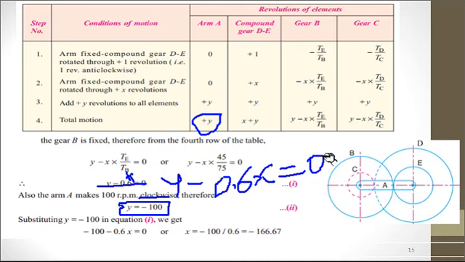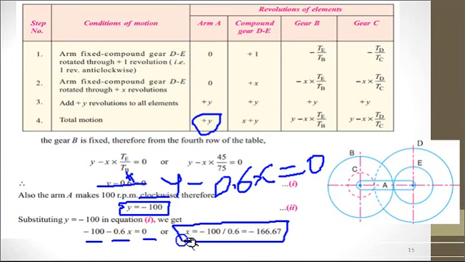This is the equation. We know that Y is equal to minus 100. Let us substitute the Y value in the above equation: minus 100 minus 0.6 X is equal to 0. From that, we get the value of X equal to minus 166.67. So we know the values of Y and X.